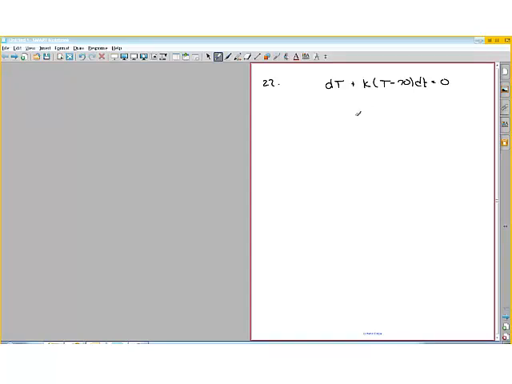So if I were to rewrite this, we don't actually want to do this to solve the problem, but what we would have is this. I divide both by dt. I move that to the other side, and you see that the rate of change in temperature with respect to time is equal to minus k times T minus 70.